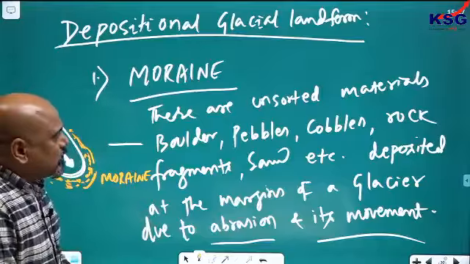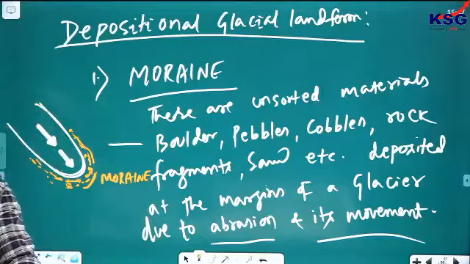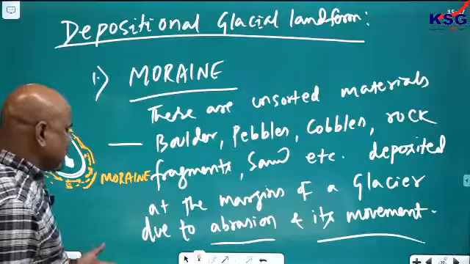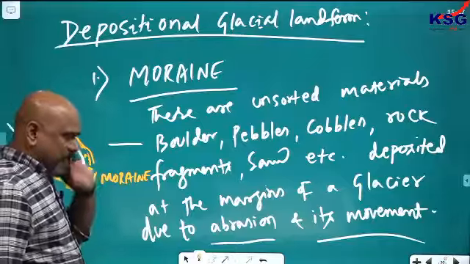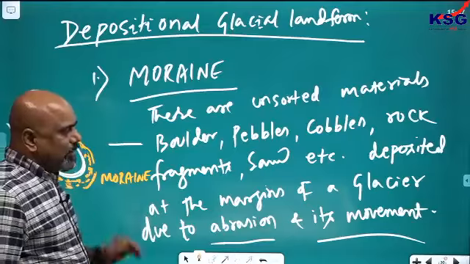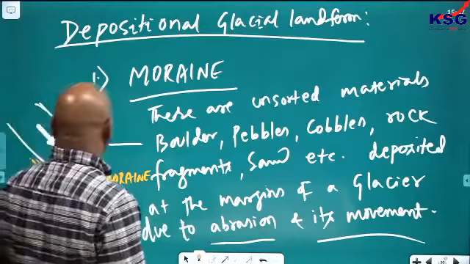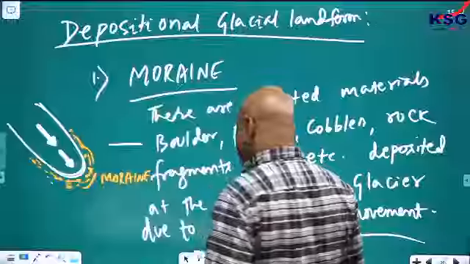Moraines are unsorted materials, I said: boulders, pebbles, cobbles, rock fragments, etc. These are deposited at the margins of the glacier due to the abrasion and movement of the glacier.